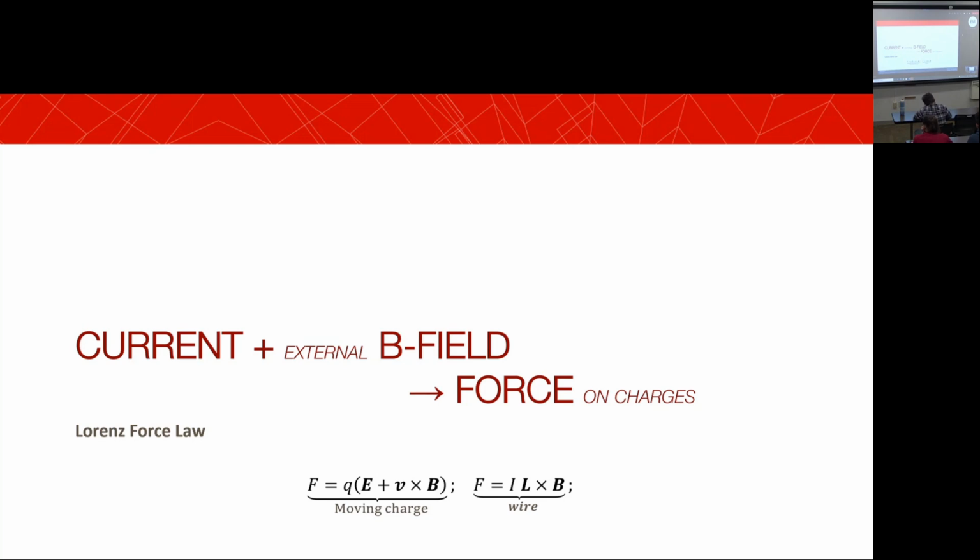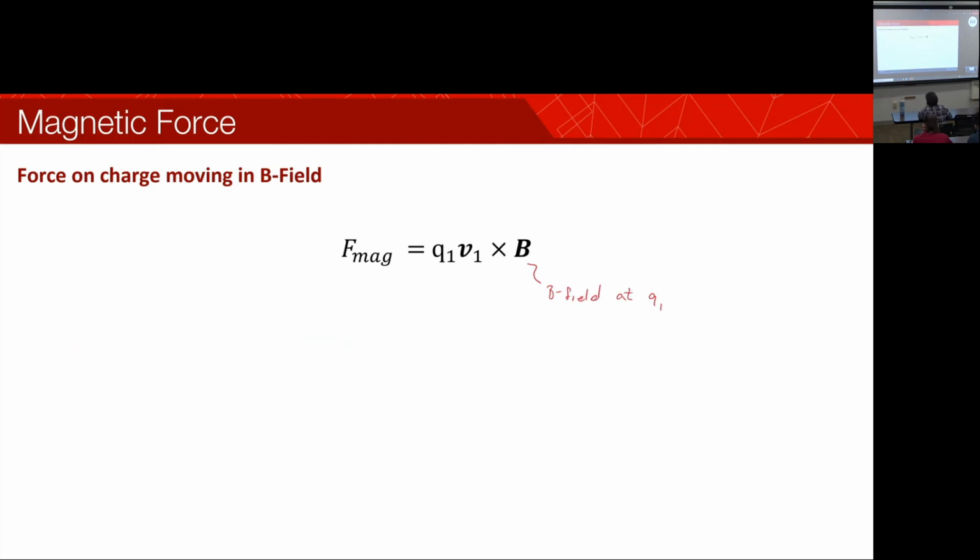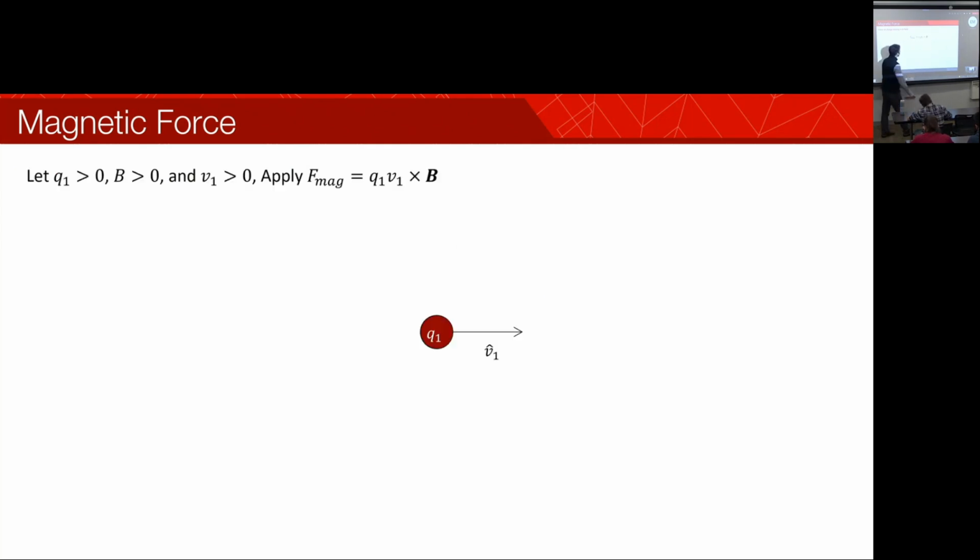Okay, so let's look at an example. I said the external electric field component is 0. So we're just looking at a charge moving in just a magnetic field, no electric field, with velocity v across the magnetic field. So let's look at this charge.